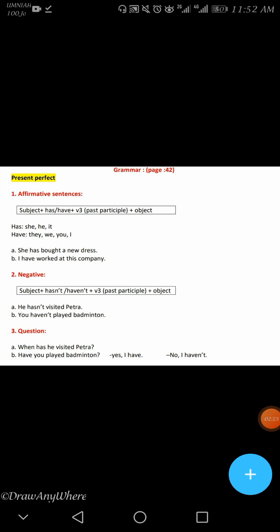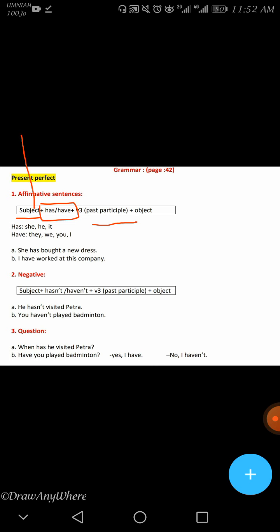Present perfect. How is the affirmative sentence formed? As you know, we use subject plus have or has, which will stay constant, and verb 3 or past participle, the third form of any verb.